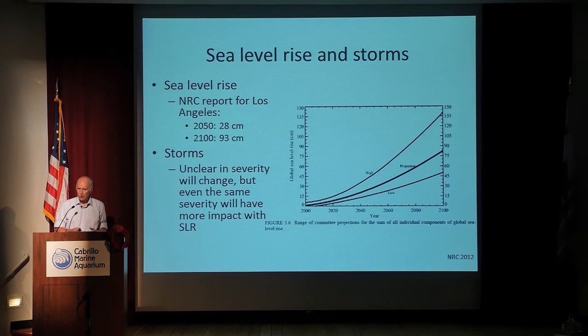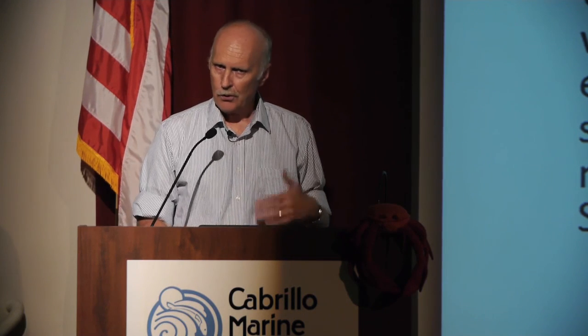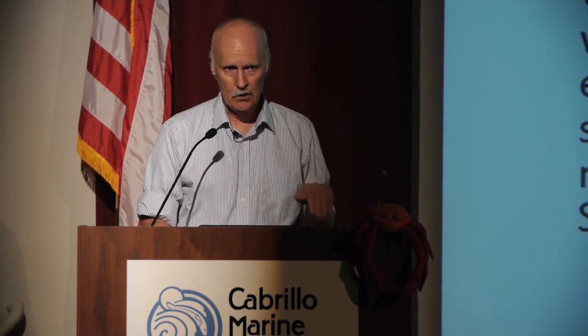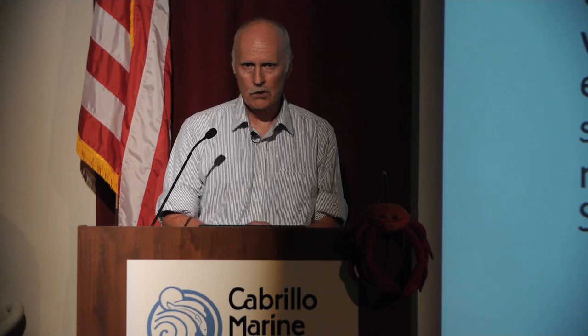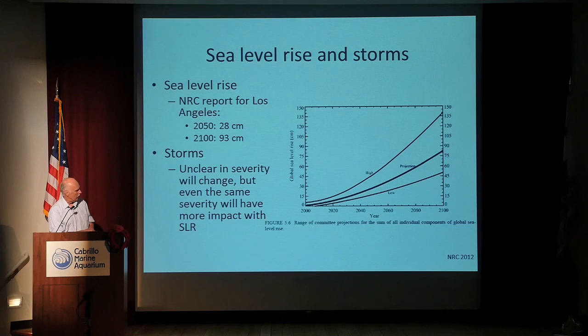Besides the effects of temperature, there's going to be sea level rise, and there's probably going to be increased storms, although the evidence for that is not as clear. It's hard to predict what the sea level is going to change in the future, but the National Research Council recently did a really thorough job for California, and these are their projections of what they think the most likely effect is.